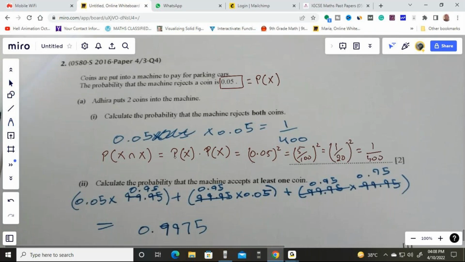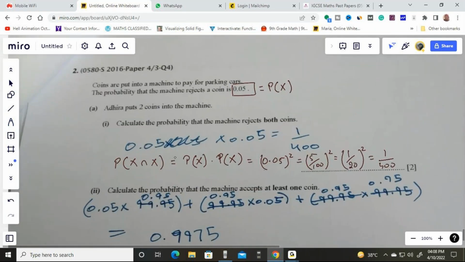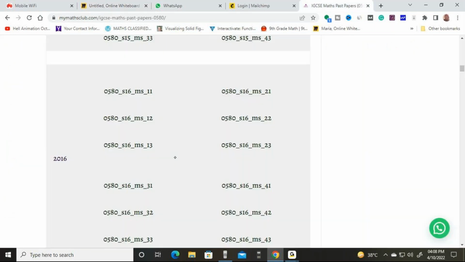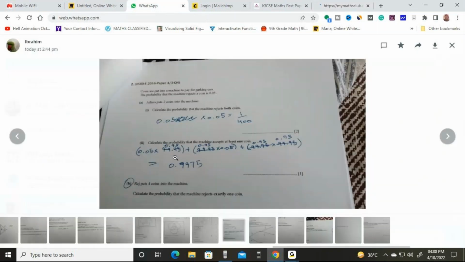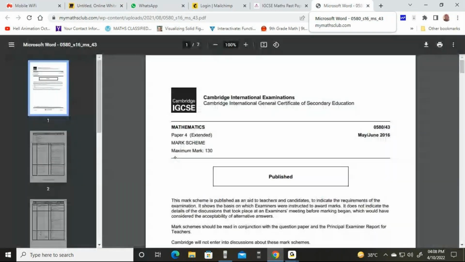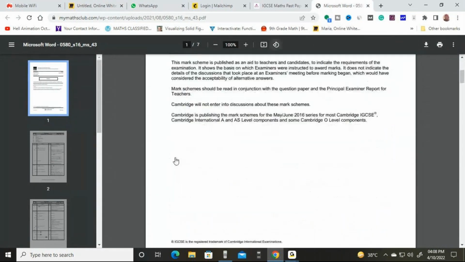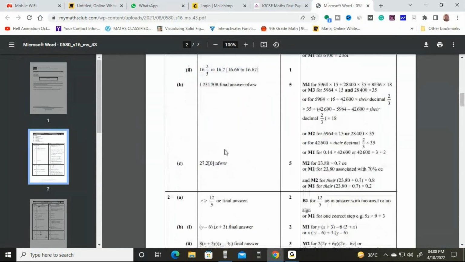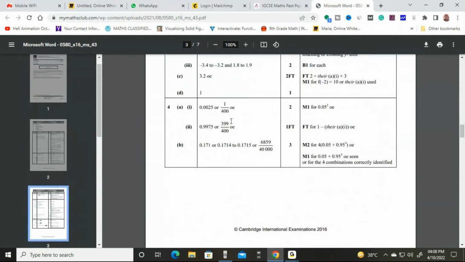And then it's 2016 paper 4-3, question 4. Yeah, that's correct. 1 upon 400 is this.